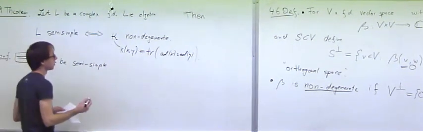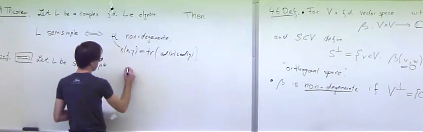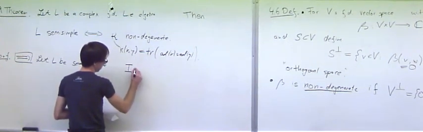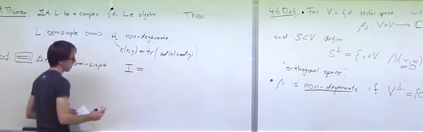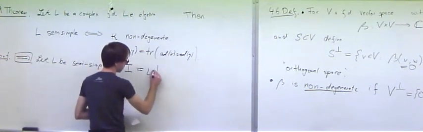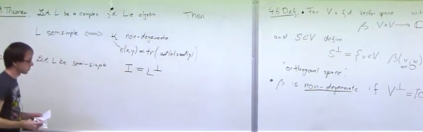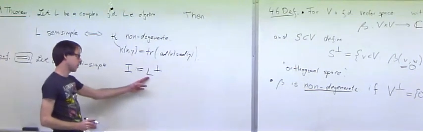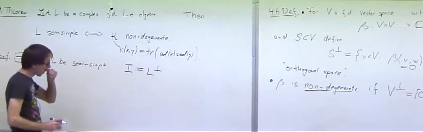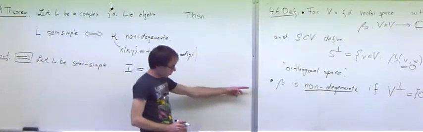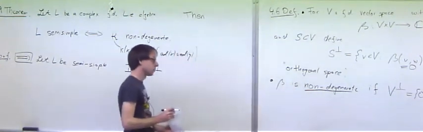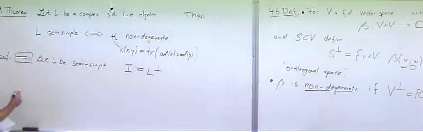Well, and we define by I the set of vectors orthogonal to the entire Lie algebra with respect to the Killing form. And then, of course, because of the definition here, we have to show that I is 0.